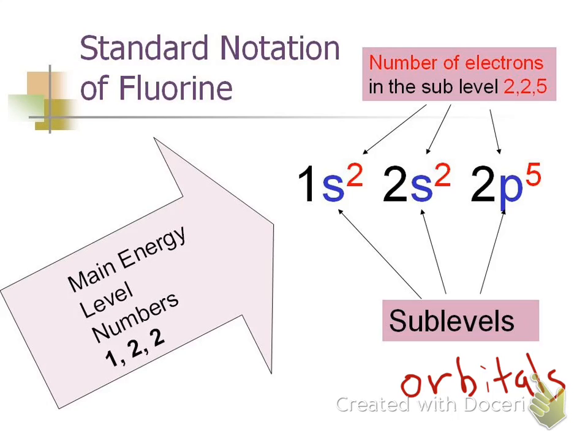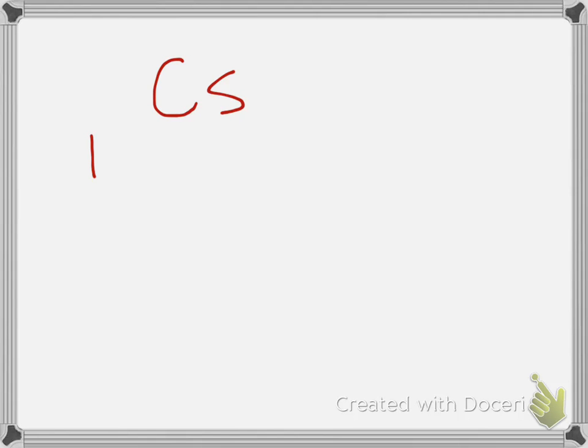So, let me pull that up really quickly. Let's do the shorthand for cesium. You could do all this 1s2, blah, blah, blah, or you could write Xe 6s1.